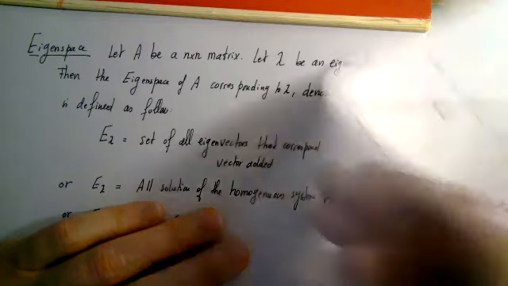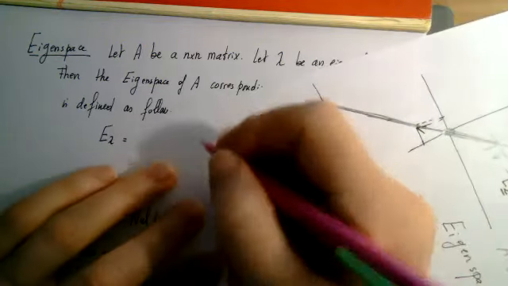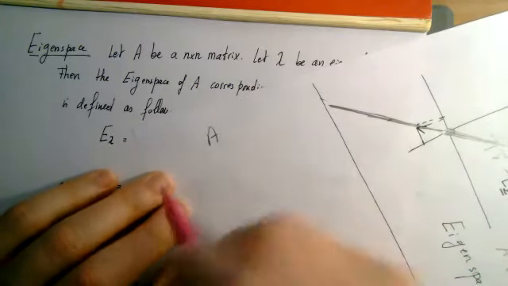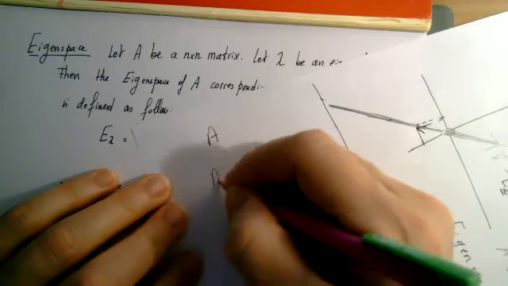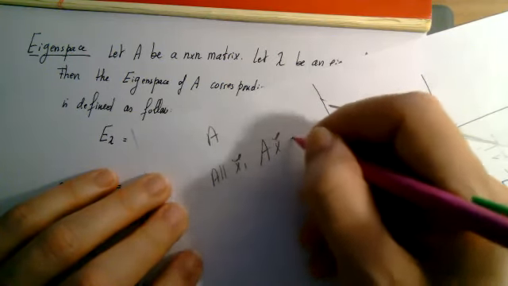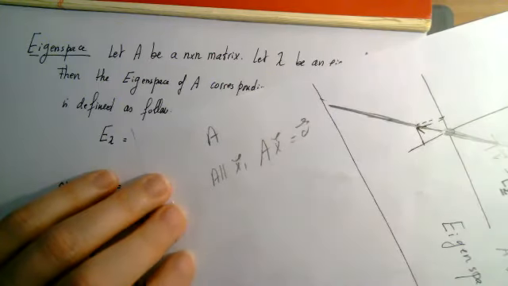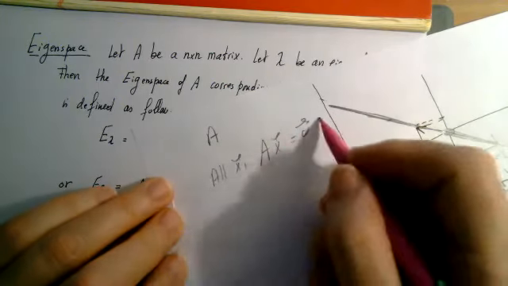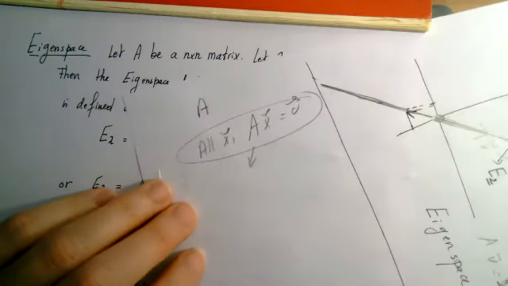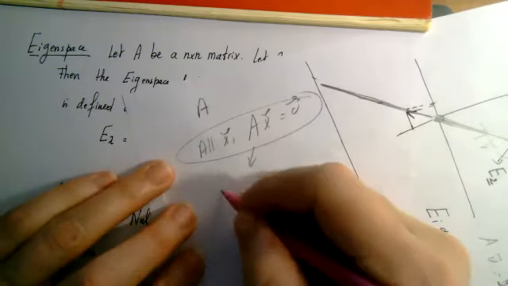So if I have a matrix A, not A minus lambda, because this is confusing you a little bit. In general, if I have a matrix A, and I look at all x's such that AX equal to 0, what did we call all those vectors? The null space, absolutely.